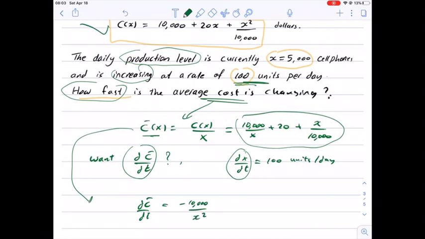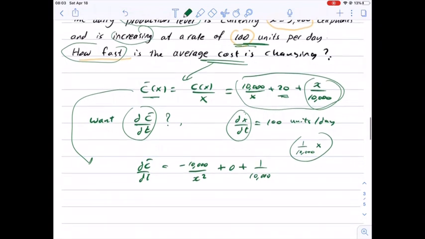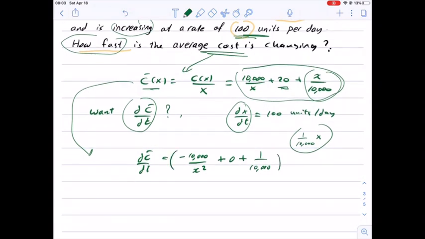The derivative of the first quantity is negative 10,000 over x squared. You can apply the quotient rule to find this. Plus the derivative of 20 is 0, plus the derivative of x over 10,000. This is equivalent to 1 over 10,000 times x. What is the derivative of this? The derivative of this is 1 over 10,000, a constant times x. So the derivative is just the coefficient of x. Now we need to multiply this by dx over dt because we are differentiating with respect to time.